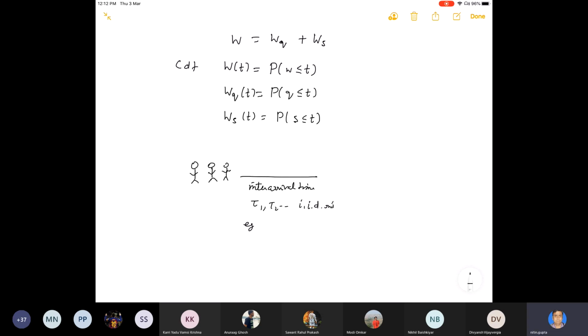For example, if the tau i's are IID exponential with rate lambda, then we know that if inter-arrival times are independent exponential, then the arrival pattern is Poisson arrival pattern.